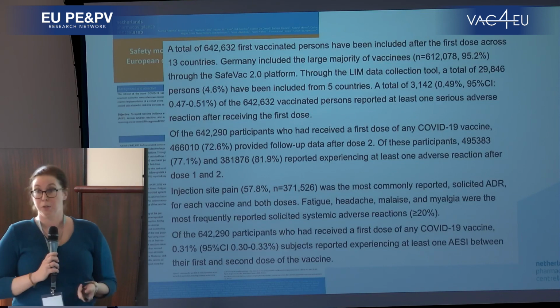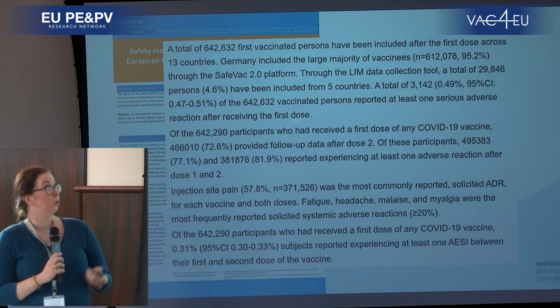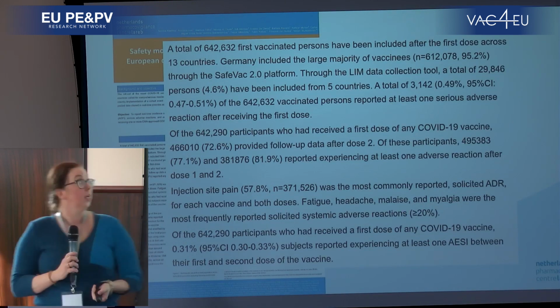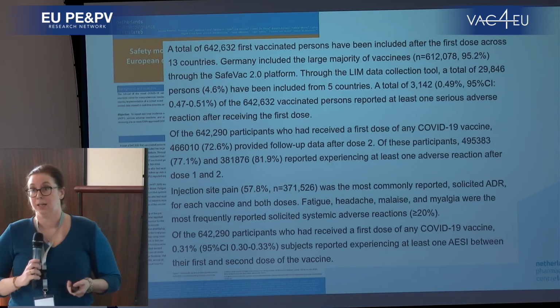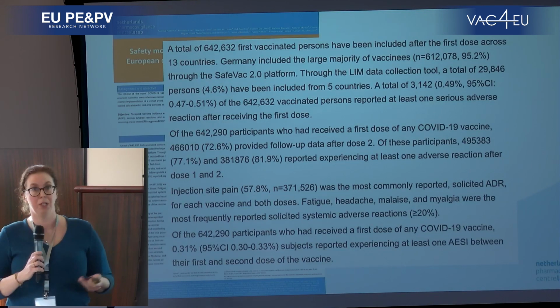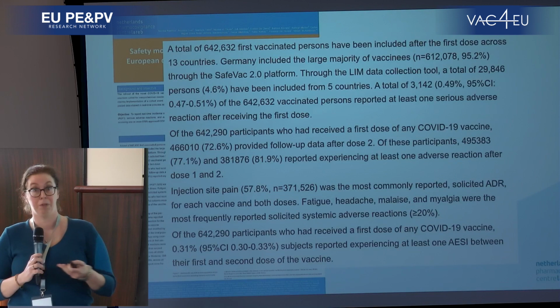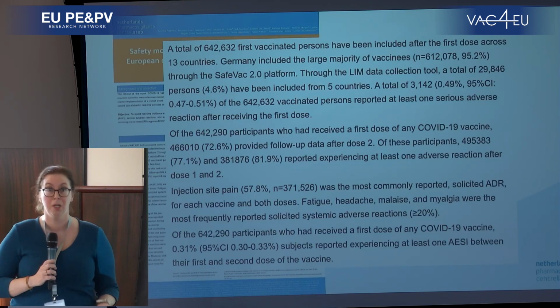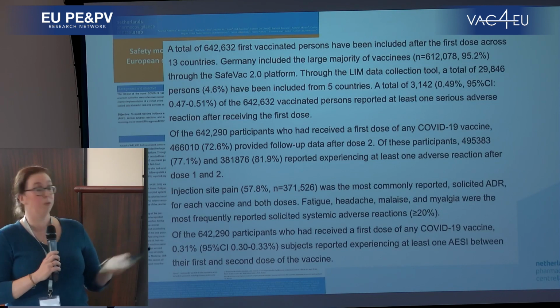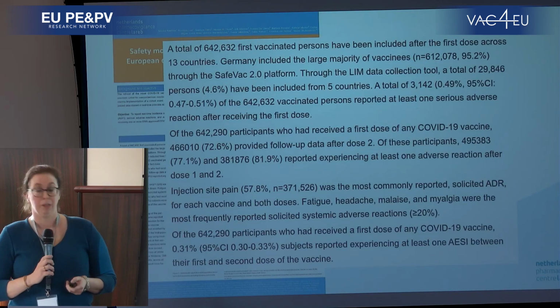But the LAREB intensive monitoring part of the study that I'm going to be focusing on had almost 30,000 participants. And what you can then see is that there is quite a large part of the vaccinated persons who have an adverse event following immunization, but most of it is non-serious events. And especially if you look at the serious events, the frequency is very low.